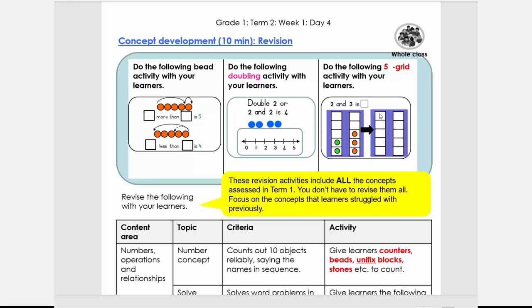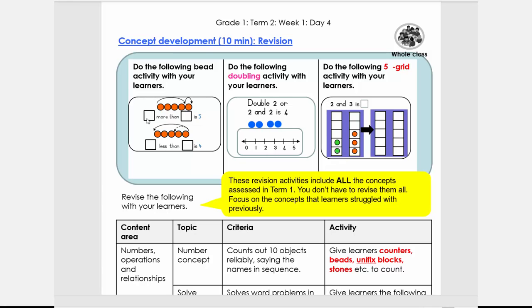Okay, welcome then to today's activities. So what you're going to do today, we need some counters, beads, biscuits, sweets, stones, anything that you can pack out. So we're going to pack out the counters like this. And then with a pen on a piece of paper, you're going to make a hoop up to 4 and then 1 hoop.